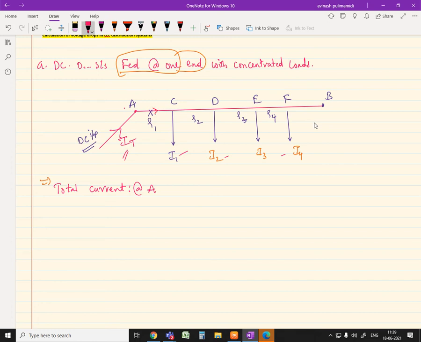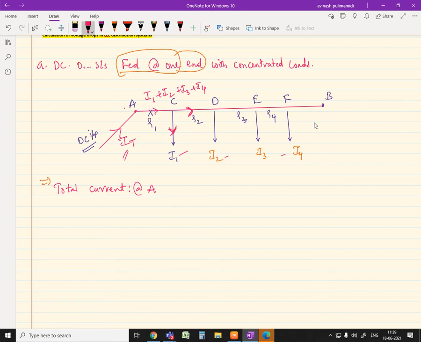At this point, what is the total current here? For example, at AC, what is the total current? Because at this point there are no tappings, the total current will be the summation of all currents: I1 plus I2 plus I3 plus I4. What about here?